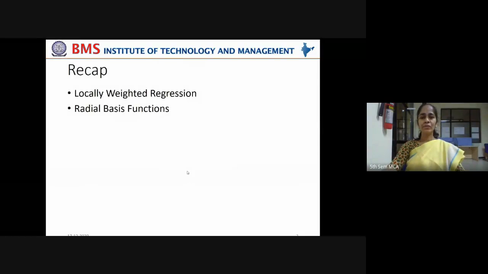In the last class, we discussed locally weighted regression and radial basis functions. In locally weighted regression, we try to weigh the attributes locally and regress with respect to the independent variables.